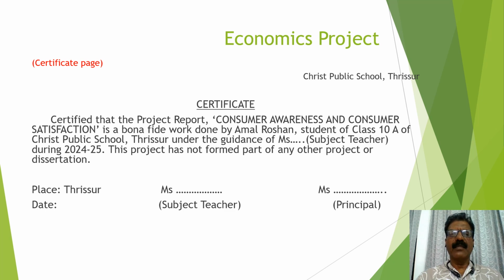Then comes the certificate page. The certificate is issued by the school authorities. The certificate will be signed by the subject teacher or guide and the principal of the school.